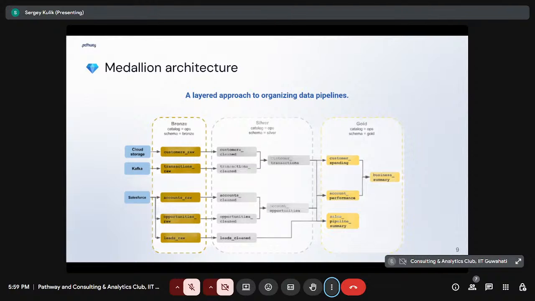So bronze is raw data which is not suitable for processing, but we always have this data. And if we decide that we want to build a brand new pipeline, we don't need to ask our backend colleagues to export the data once again or to establish one more job, because we have all the data on the bronze layer. And this is the main purpose of the bronze layer.